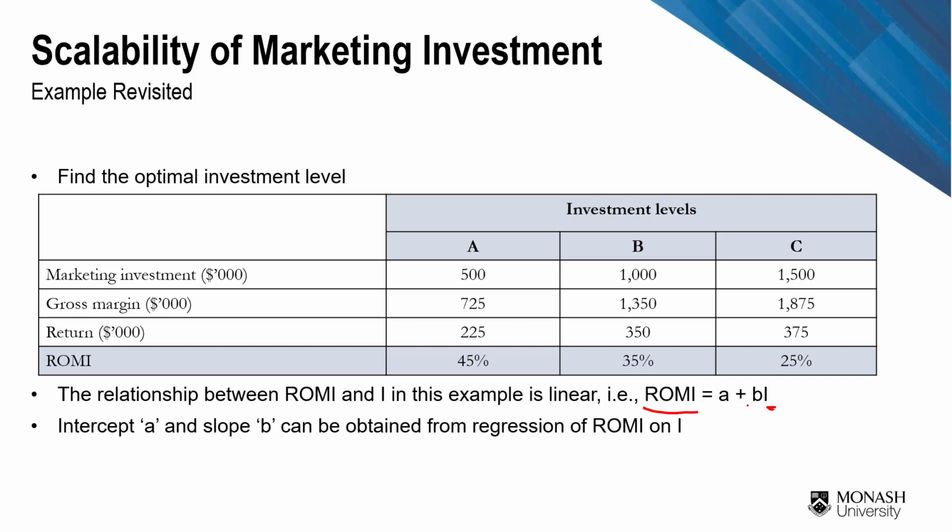And if you look at our data, we actually have that. How? It's from here. You got marketing investment, you got ROMI, marketing investment, ROMI, marketing investment, and ROMI. So if you take a look at this, you actually have 3 points for you to plot.